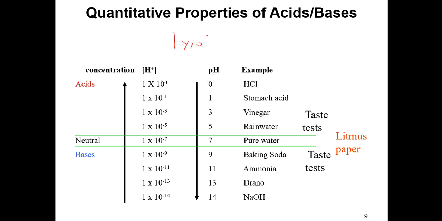So if I have 1 times 10 to the negative 7 for my molarity of hydrogen ions, then the pH is going to be equal to 7. If I change this to 1 times 10 to the negative 3, then the pH is going to be 3.